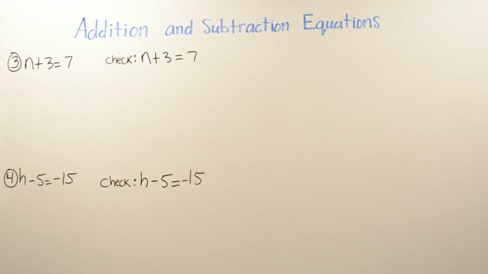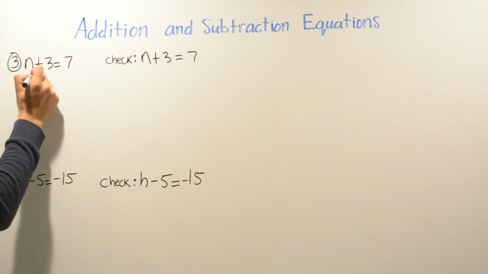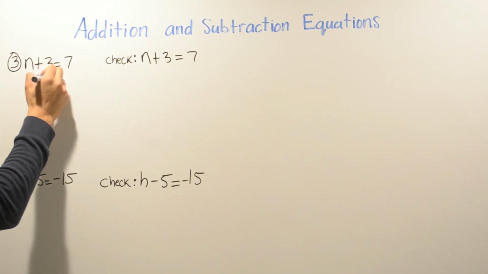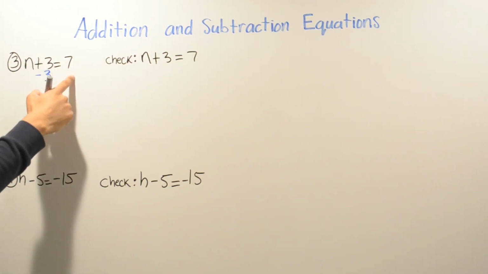In problems 3 and 4, I want you to pause the video and challenge yourself like always, and try to solve them before I solve them, and then press play and see if you got the right answer. So we're going to start with number 3. n minus 3 equals 7. So to get rid of negative 3, we do the opposite, which is positive 3. Whatever we do on one side of the equal sign, you always have to do on the other side.